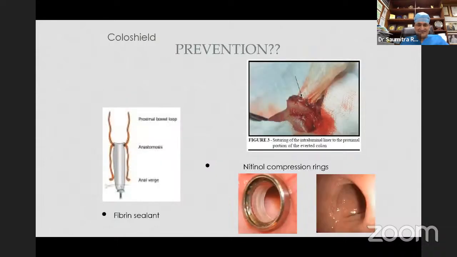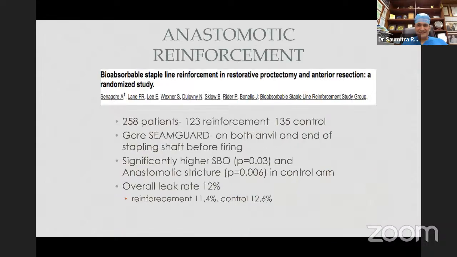These are the other things which some of the surgeons have used, such as a fibrin sealant or nitinol compression rings. This is about reinforcement with Gore SEAMGUARD. This is similar to when bariatric surgery was done.